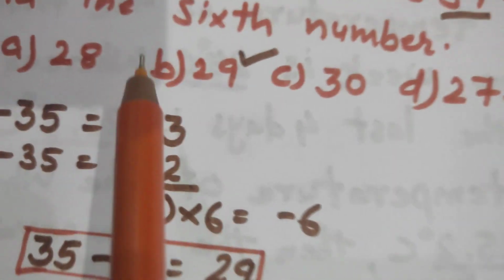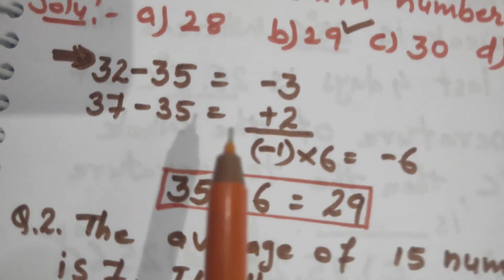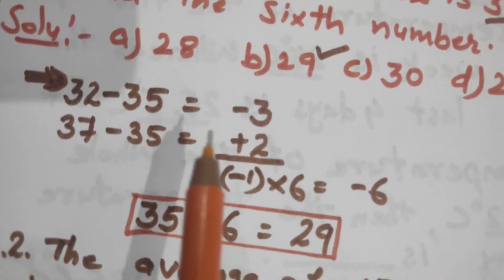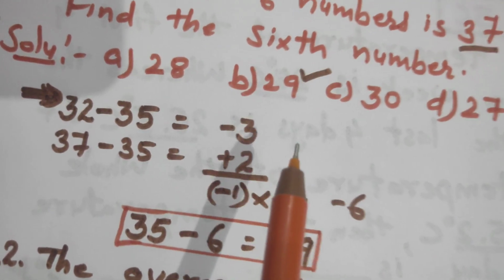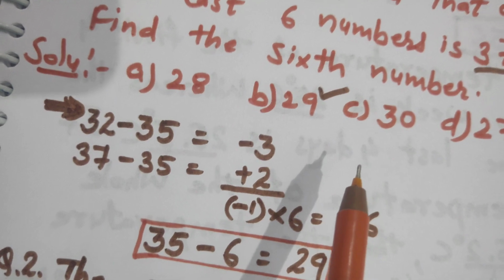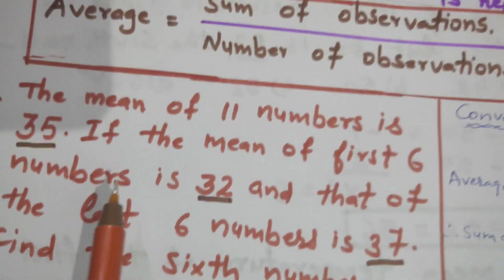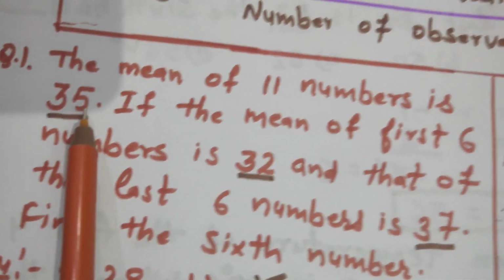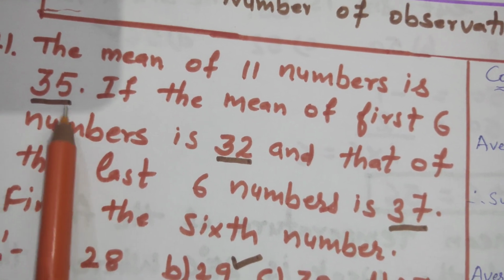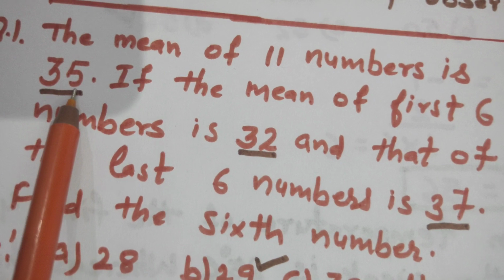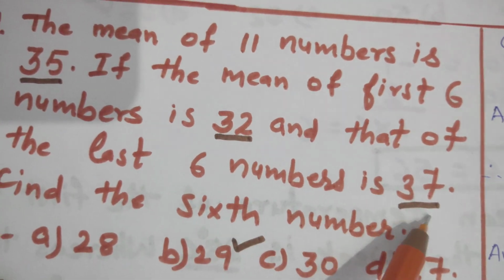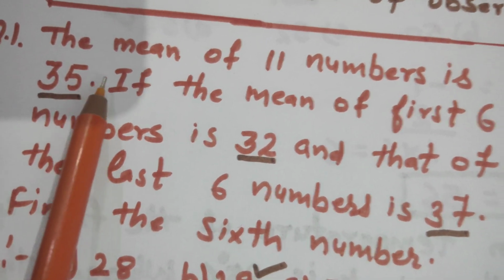This time I had to explain it to you, but otherwise when you understand it, it will just take a fraction of a second to get the answer. Let me tell you how. Once again, 35 is the average of all the numbers. So deviation from here, 32 minus 35 is minus 3, and from here 37 minus 35 is 2.